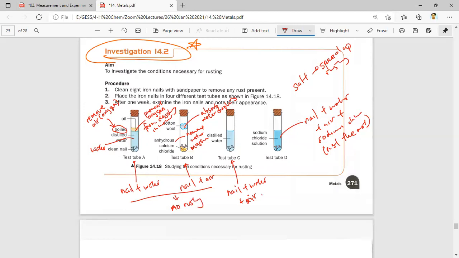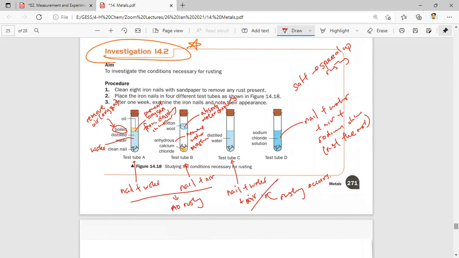And lastly, this one, rusting occurs. So the results tell you how air and water play a part in rusting, plus also how the salt comes in to make rusting more serious.